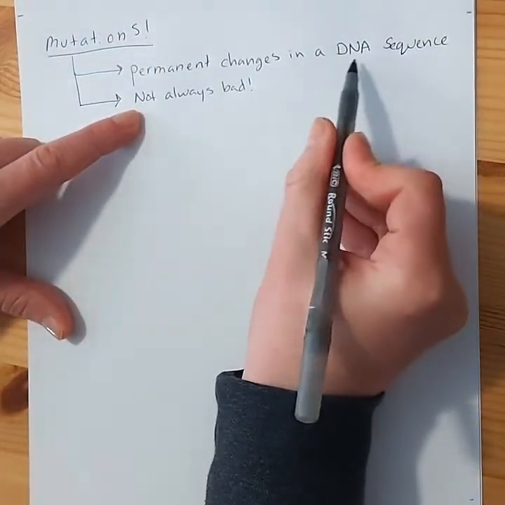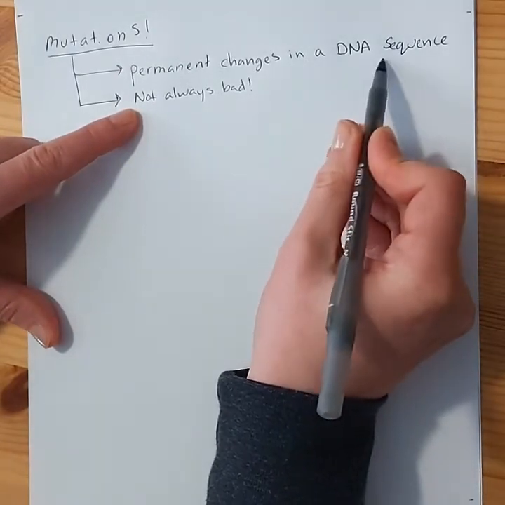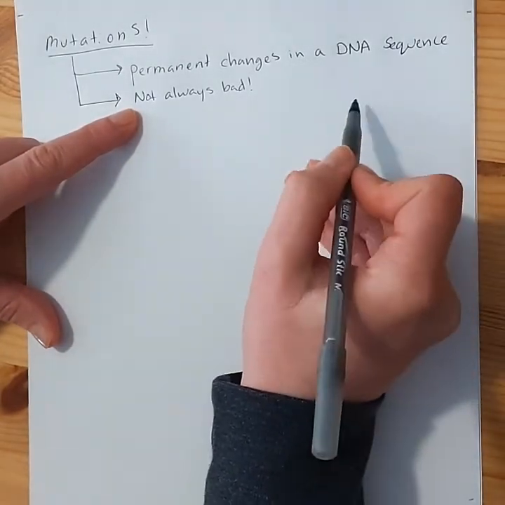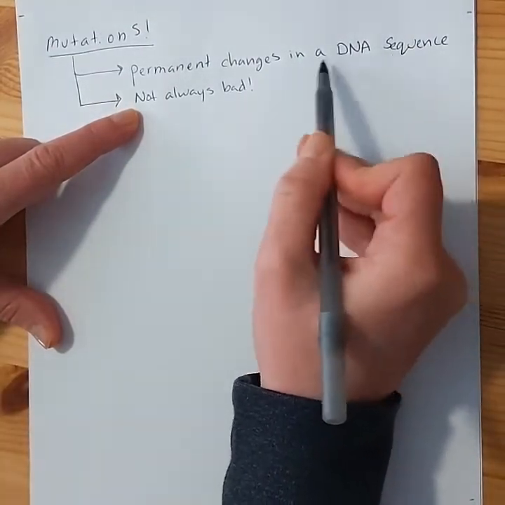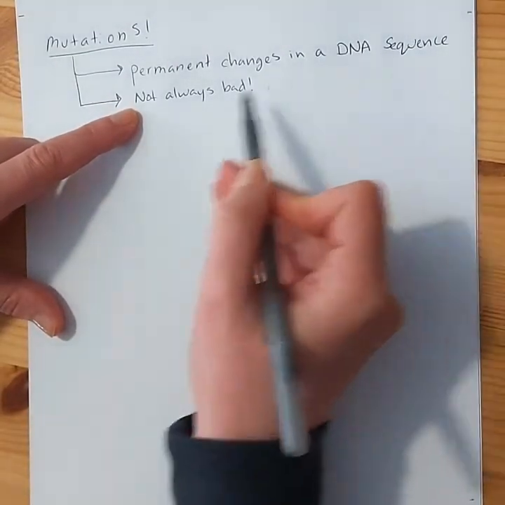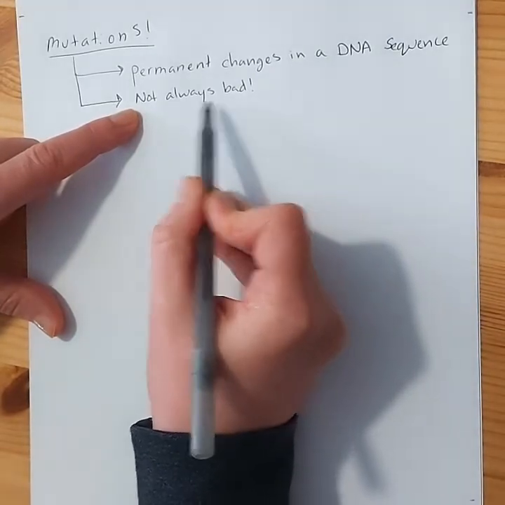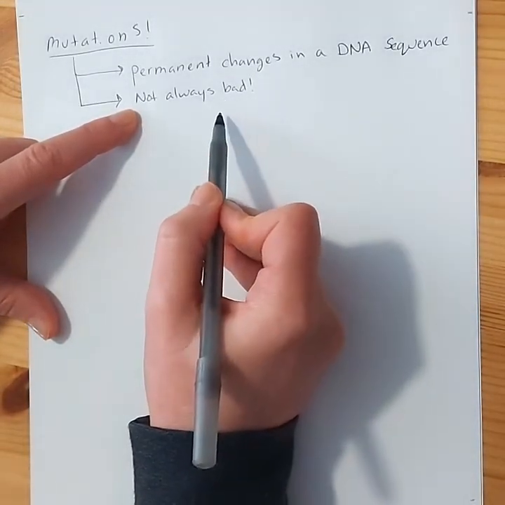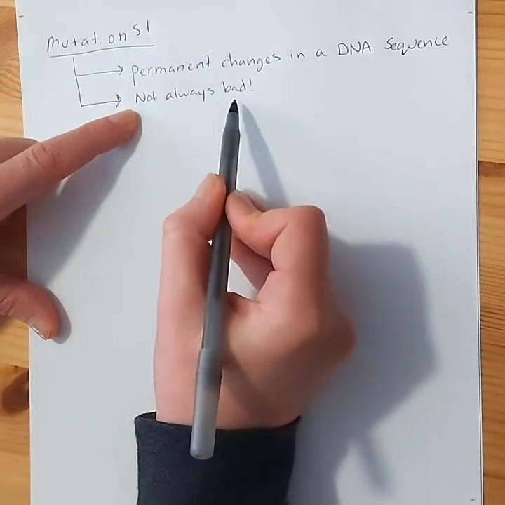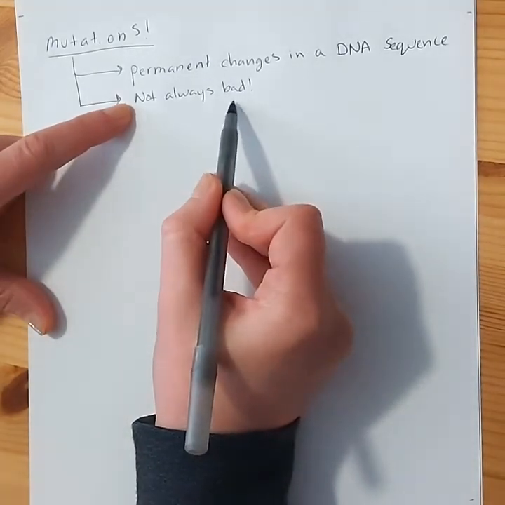Instead, these changes in the DNA may or may not affect how your body produces proteins. And if you get a change in the DNA that has no difference in how you produce proteins, then it's not a bad thing. But sometimes you get a change in a protein that makes it more likely for your cell to develop cancer, and then it's a bad thing.